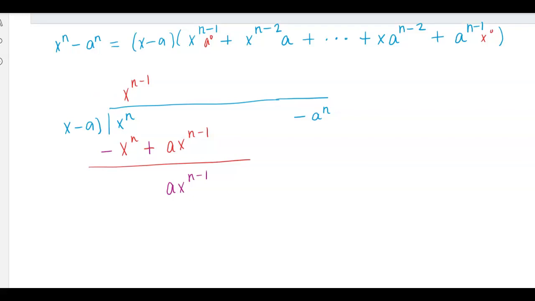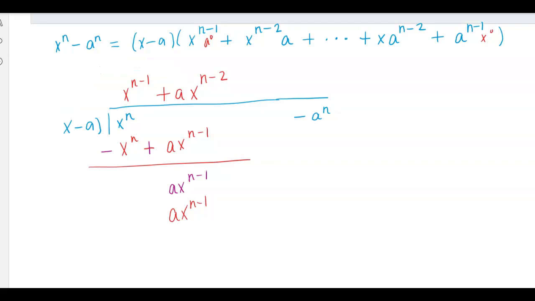And then I repeat the process. What do I need to multiply this by to get to this term? And that's going to be, we need an a, and then we need an x to the n minus 2. And then repeating the process, I'll take this guy and multiply by the first one to get ax to the n minus first power.